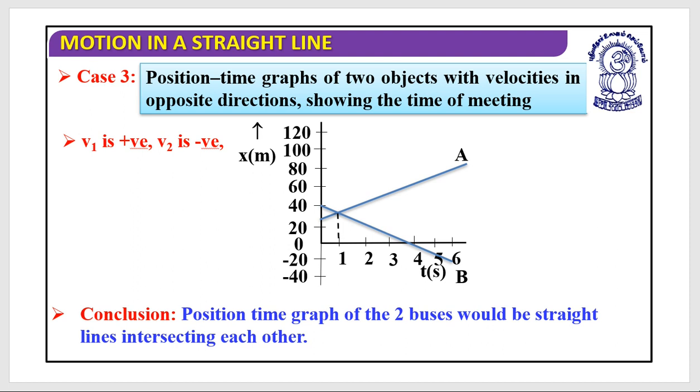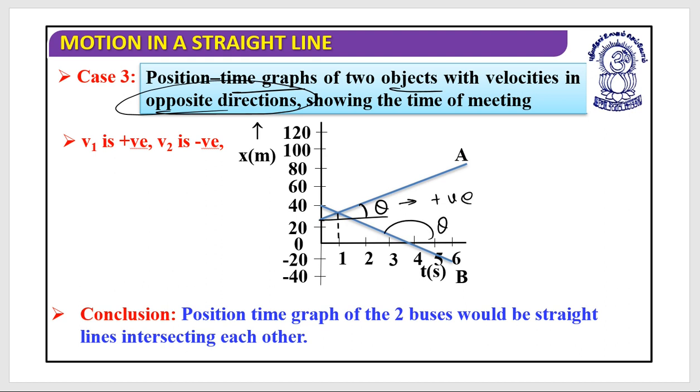This is the position versus time graph of two objects with velocities in opposite directions. Now they are moving in opposite directions, and what you require is the time of meeting. So look at this. As you know, this is theta and it is positive.